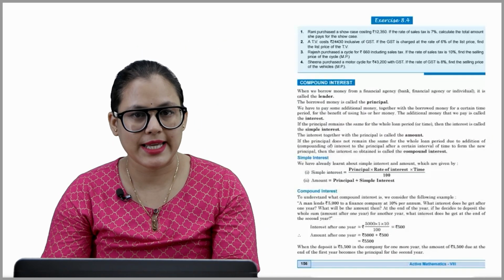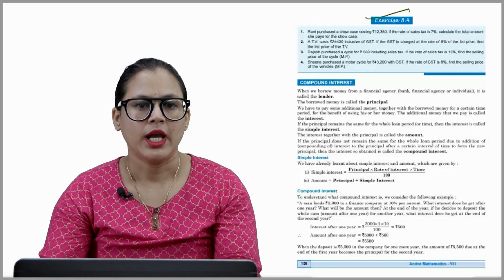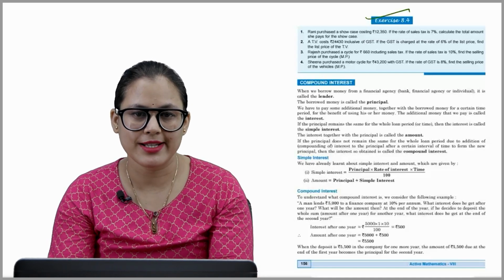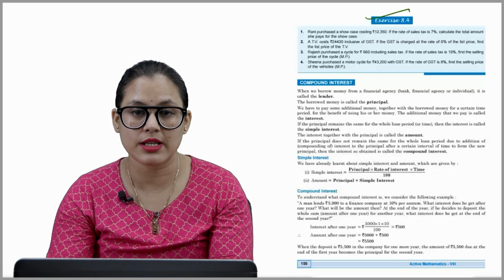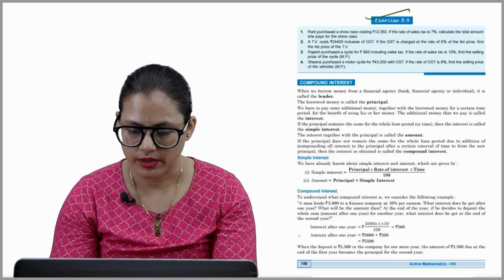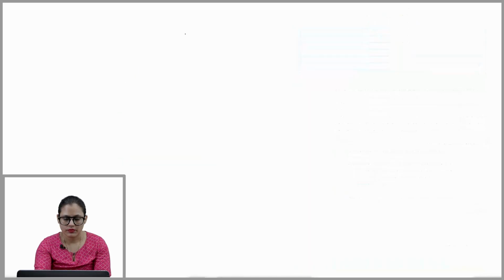Let's do exercise 8.4. Rani purchased a showcase costing rupees 12,350. If the rate of sales tax is 7%, calculate the total amount she pays for the showcase. Marked price, or you can also write cost of showcase, is rupees 12,350.